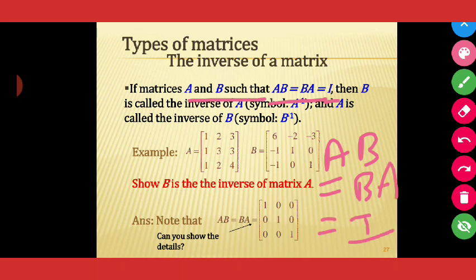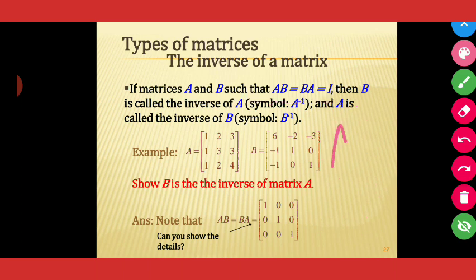Then matrices A and B are said to be inverse of each other, means inverse of A is B and inverse of B is A. And inverse of A is written as A inverse, inverse of B is written as B inverse. Okay, in this case if AB equal to BA equal to I, A inverse equal to B or B inverse equal to A.